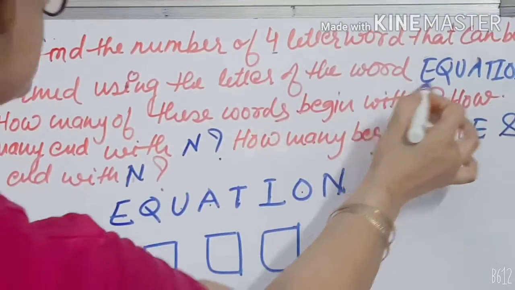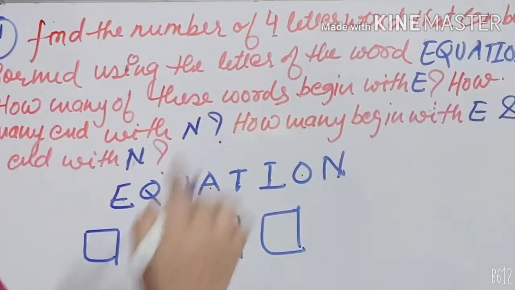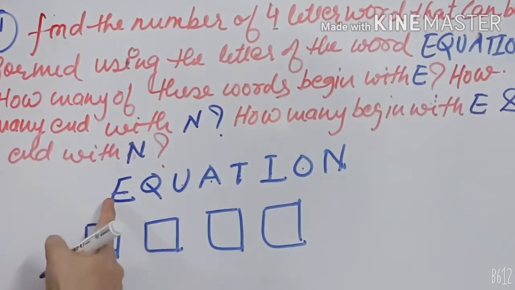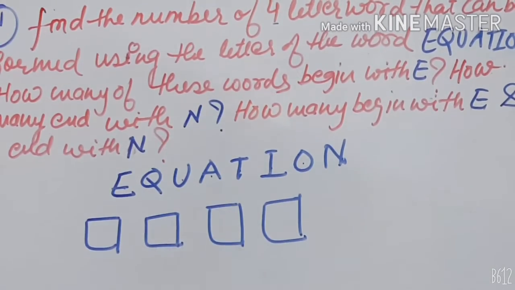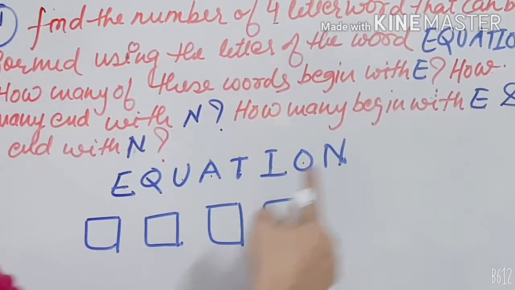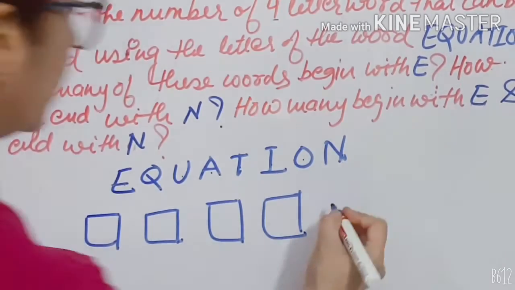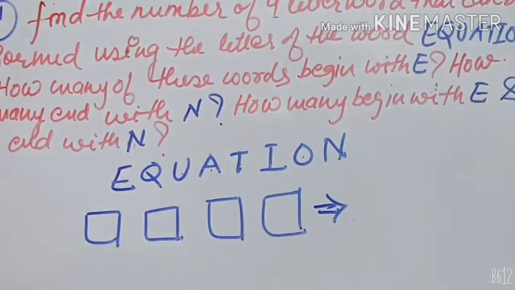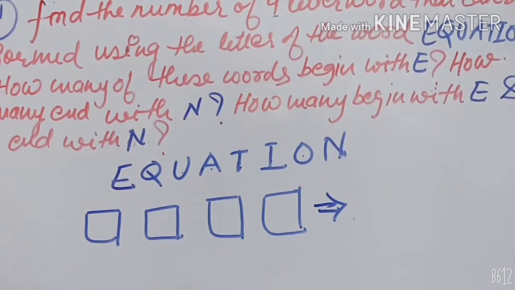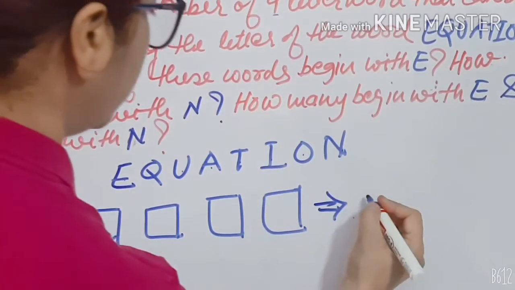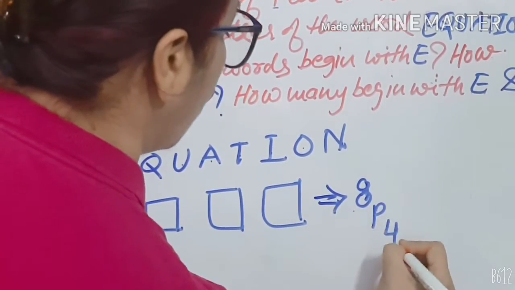That means I need to choose 4 letters from 8 letters and arrange them. E can come in any block. Similarly, any of the letters can come in any of the blocks, in any way.